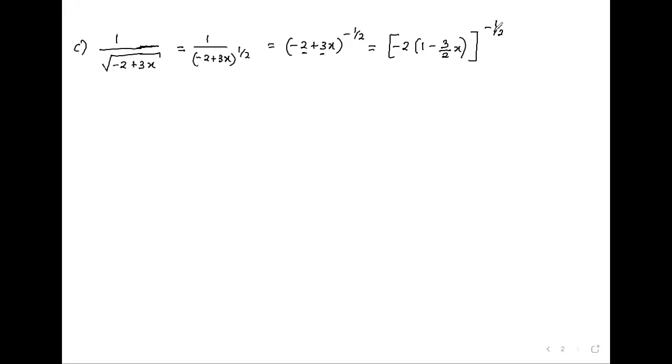So we have -2 to the power -half, and then we remain with 1 minus 3 over 2x to the power -half.